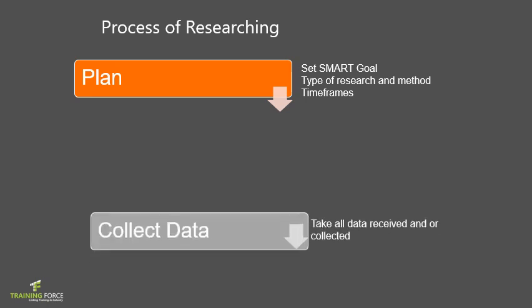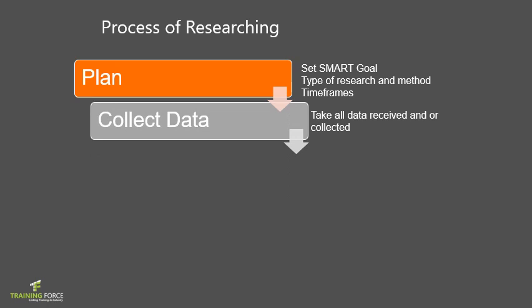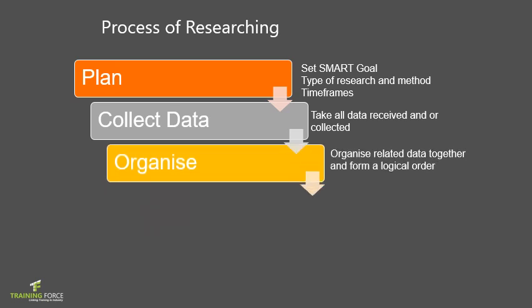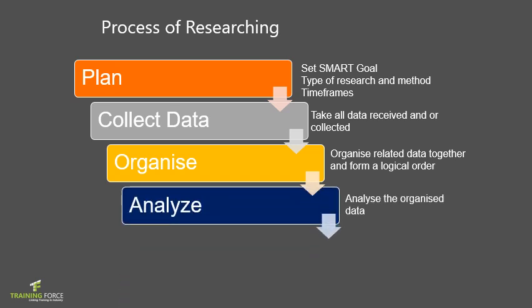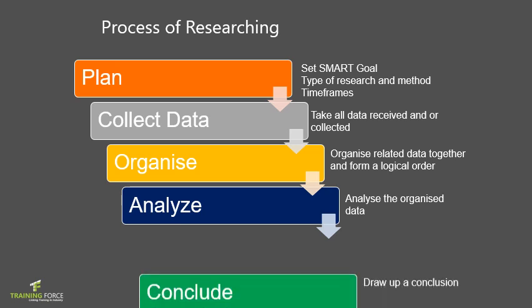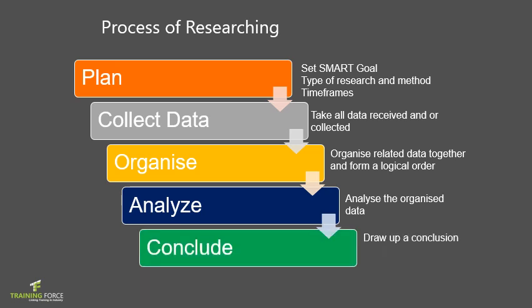Then you collect the actual data, you take all the data received and or collected, then you organize all the related data together and form a logical order, just like we learned in your brainstorming, in your mind map session. You can put it together for yourself like that. Then you analyze the organized data. What did you find? What was your findings? And then you draw up a conclusion. Remember that this must all be drawn up and stated in a professional format for business.